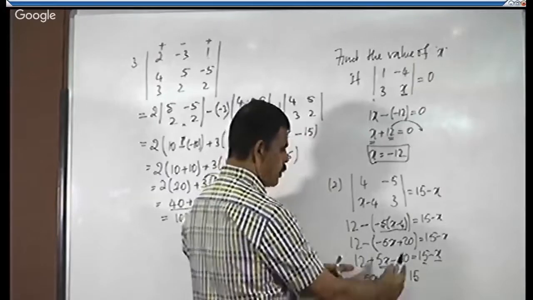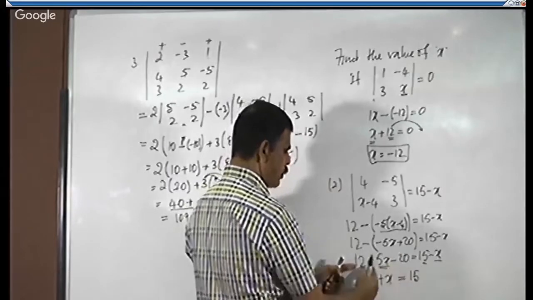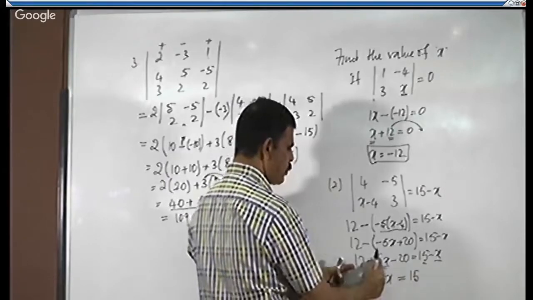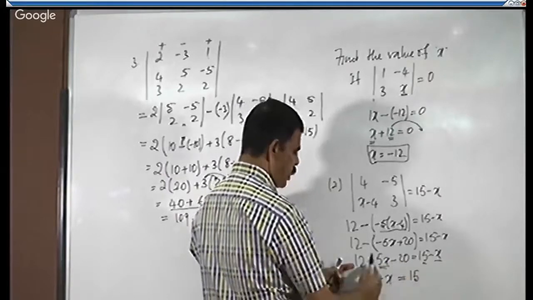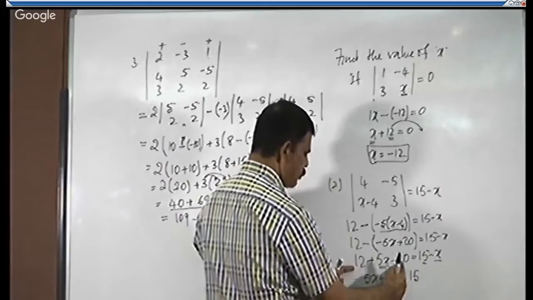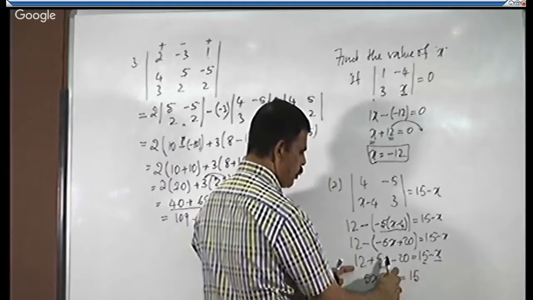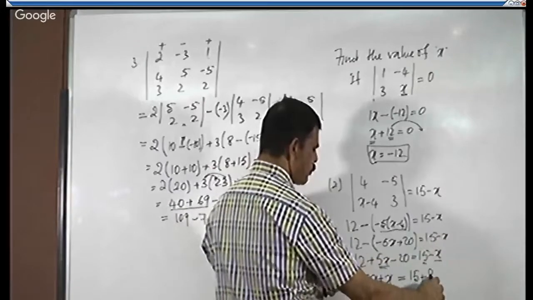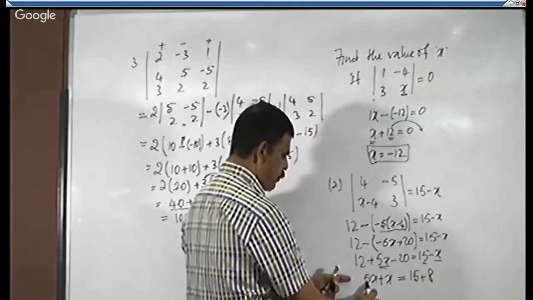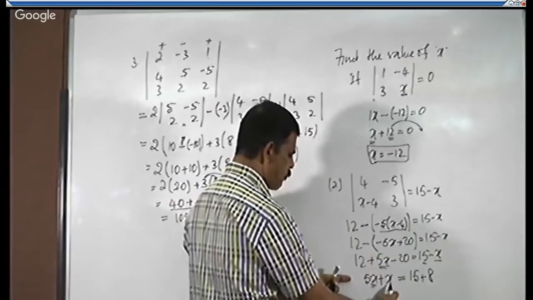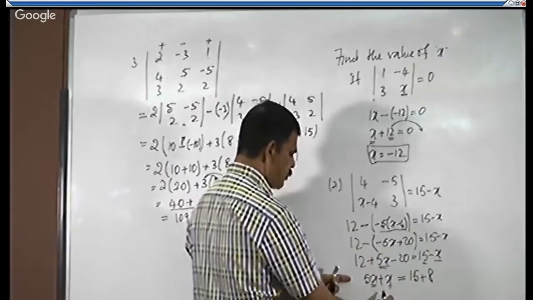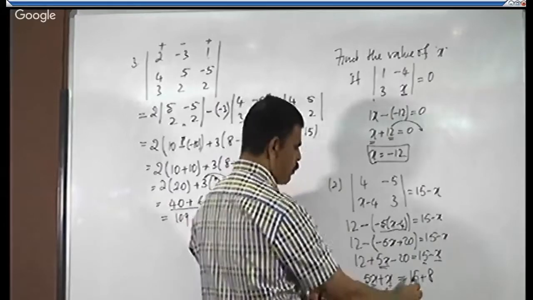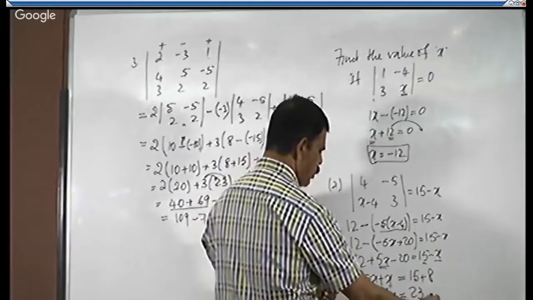The other constant at the left side, you take the simplification. This is plus 12. This is minus 20. How much it is? It is minus 8. Okay. 12 minus 20 is minus 8. When minus 8 is transferred to the right side, it will become plus 8. Now, 5x plus x, both are x terms, we can add them. 5x plus x is 6x is equal to 15 plus 8, it is 23.